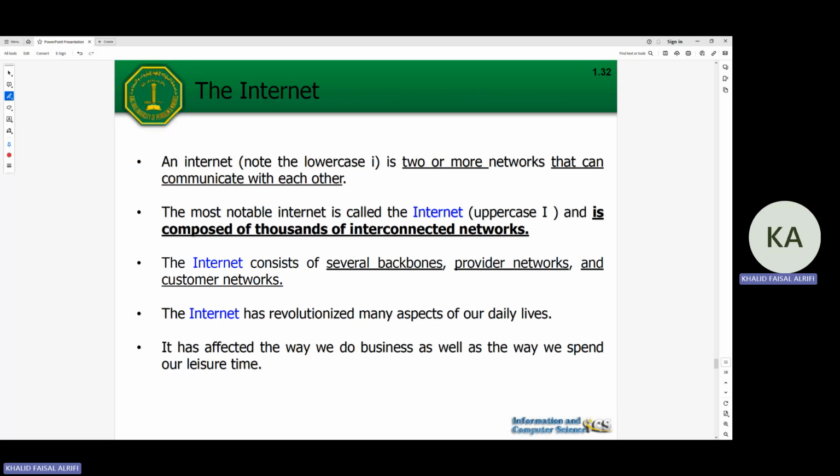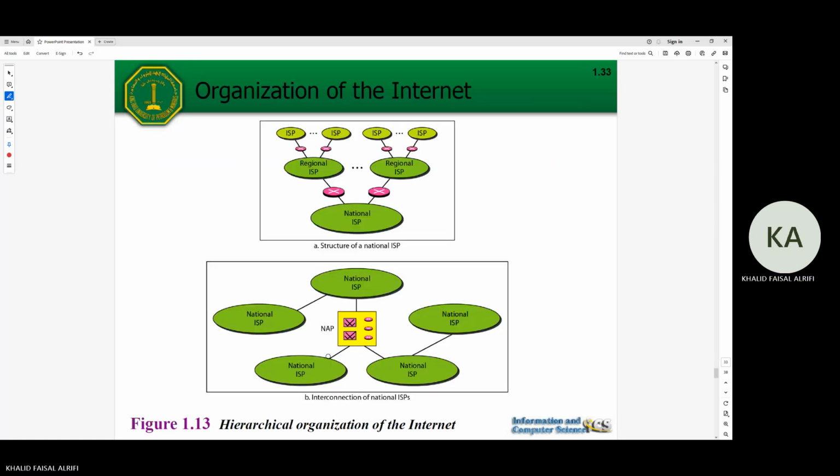The most notable internet is called the Internet with the uppercase I, and is composed of thousands of interconnected networks. The Internet consists of several backbones, provider networks and customer networks. The Internet has revolutionized many aspects of our daily lives. It has affected the way we do business as well as the way we spend our leisure time.